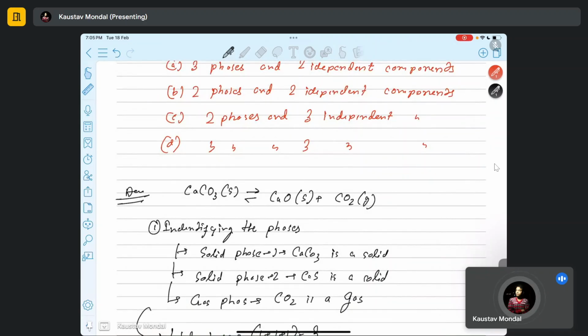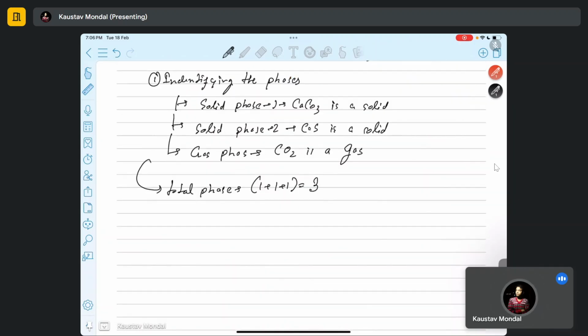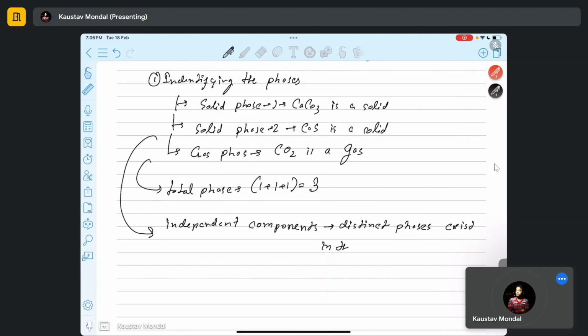Now we have to find out what the distinct phases are, as that basically gives the independent components. Independent components basically means the distinct phases that exist in the system.